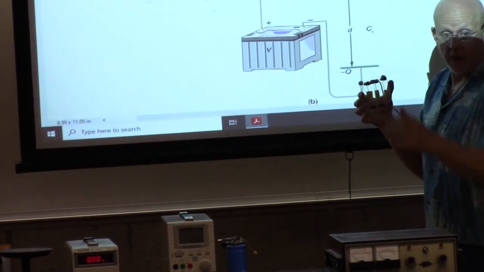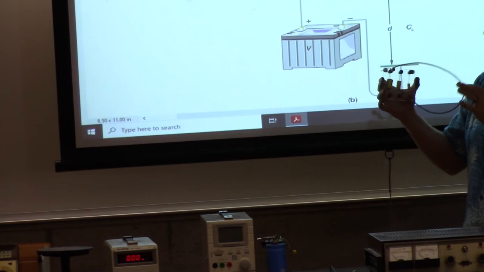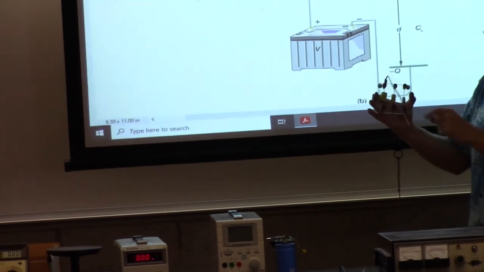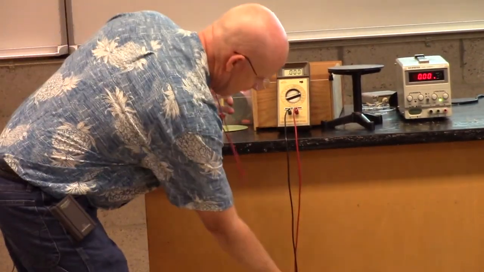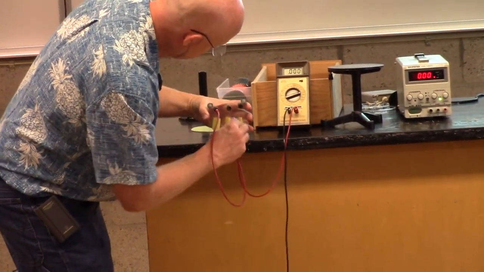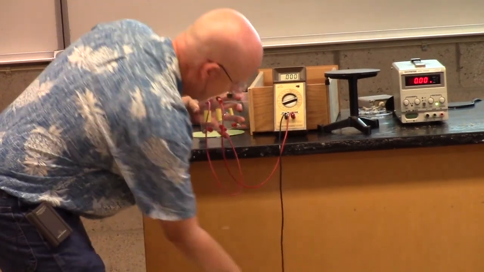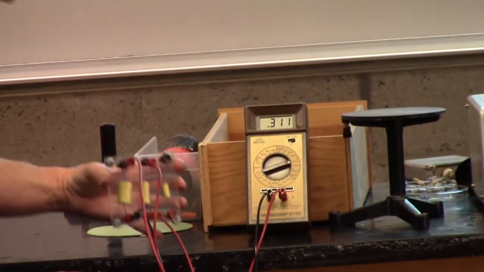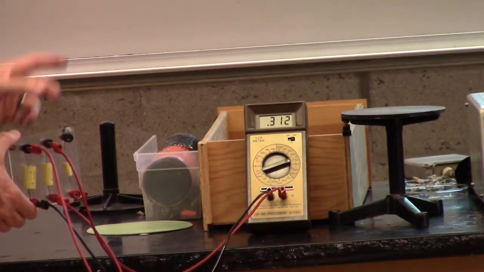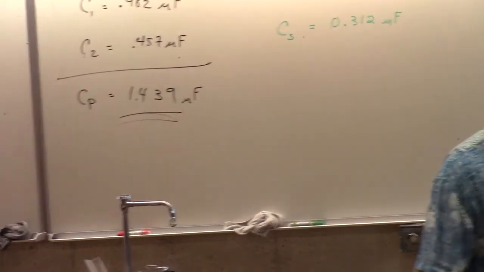So I guess I don't need that wire. I just needed one to connect right there. And then I can come over to my meter and connect it here and here. So I'll take my capacitance meter and put one on the top plate and one on the bottom plate, and I will get a capacitance of 0.312. And so that's the equivalent when you hook them all together.